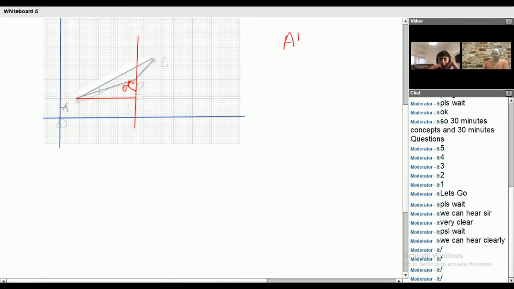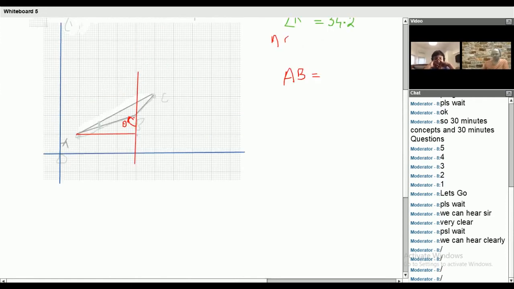Are you familiar with the distance formula? Suppose the coordinate of A is (x1, y1) and that of B is (x2, y2). The distance formula is the square root of x2 minus x1 whole square plus y2 minus y1 whole square.